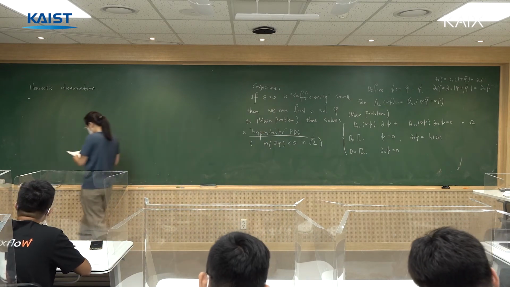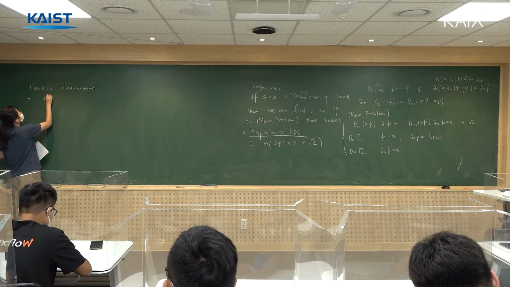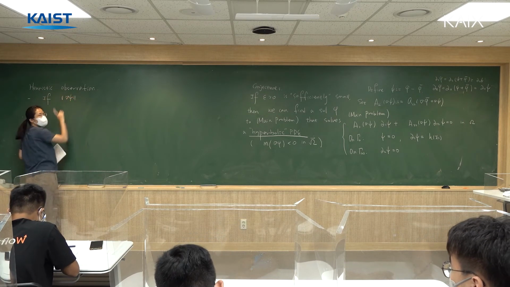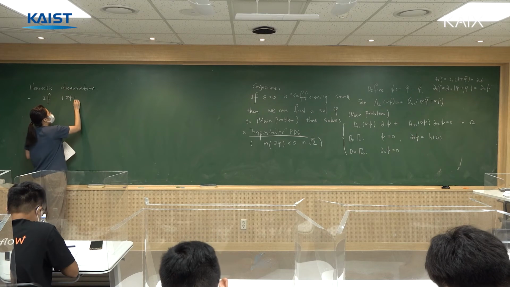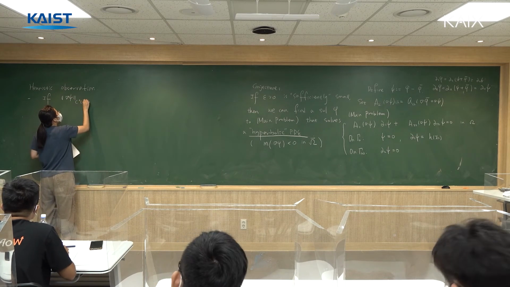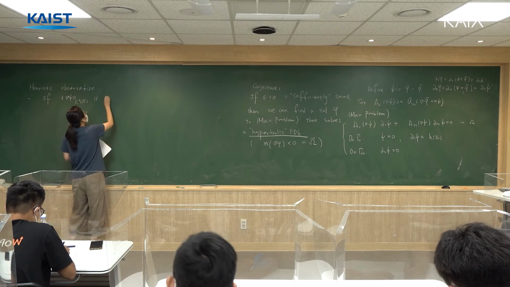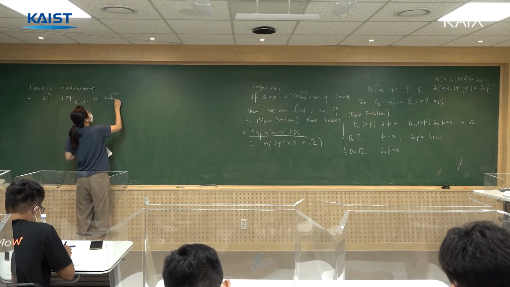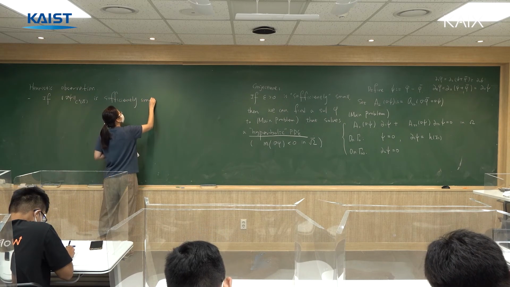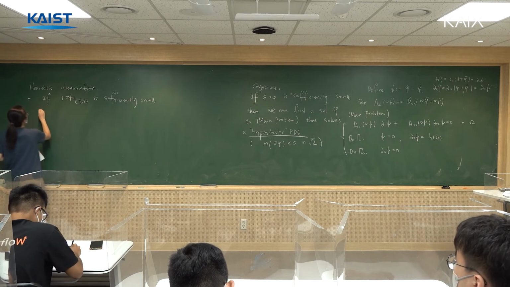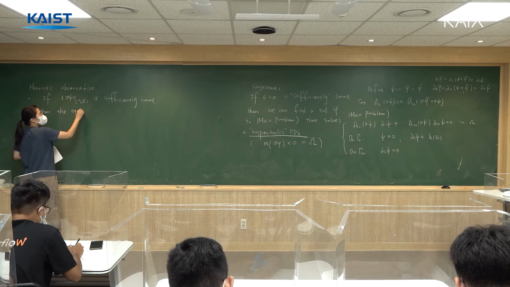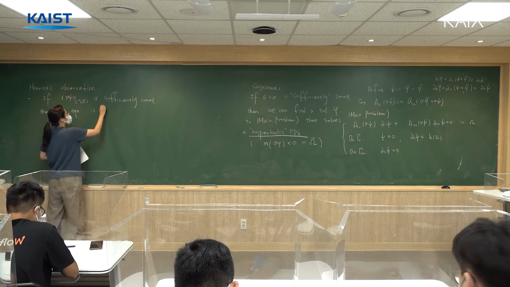So how do we measure the size? We have to measure the size by the C0 norm of the gradient of psi, right? If the size of this is sufficiently small, then the equation over there is hyperbolic.